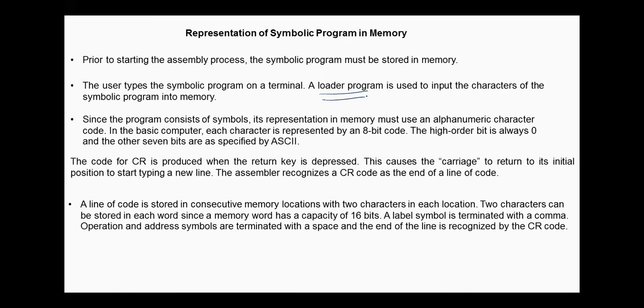but in binary form. Each character is represented by an 8-bit code, which is similar to extended ASCII code. The high order bit is always 0, and the other 7 bits are specified by ASCII.